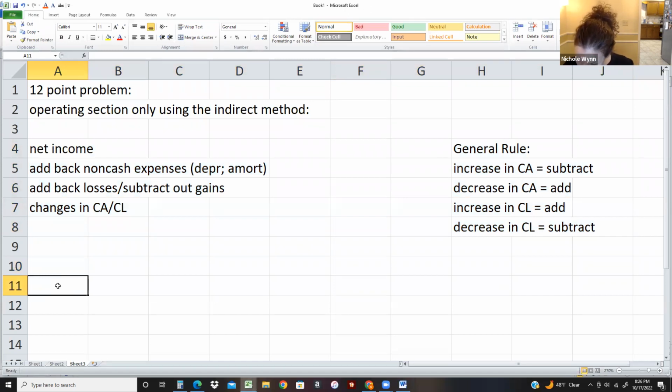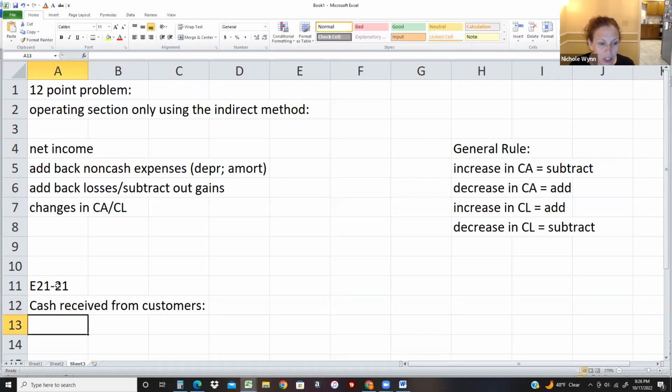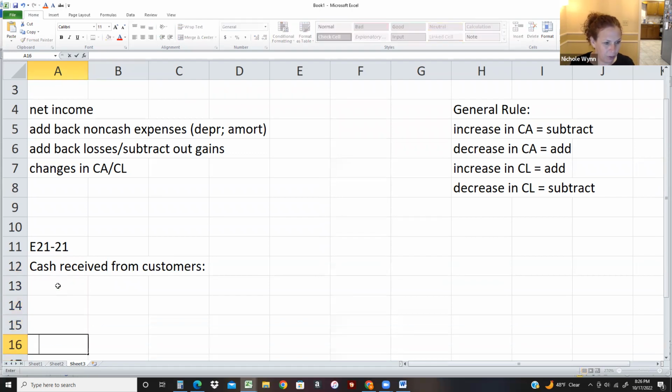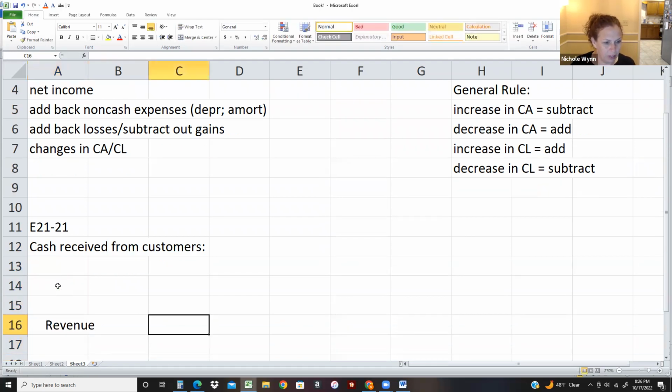So basically it's asking you to find different things, starting with cash received from customers. This is exercise 21. Looking at the given, I see revenue is 305.